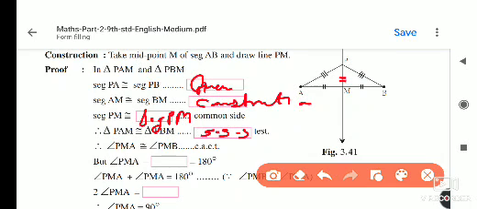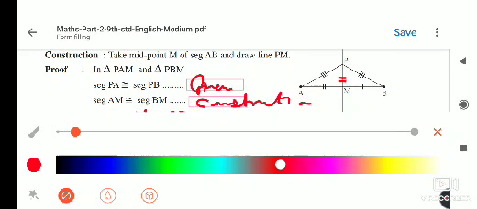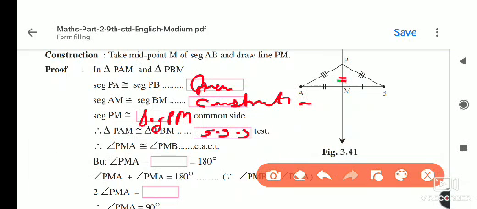Now therefore, this angle we have to take, PMA and PMB. PMA and PMB are also congruent to each other by CACT, corresponding angles of congruent triangles.